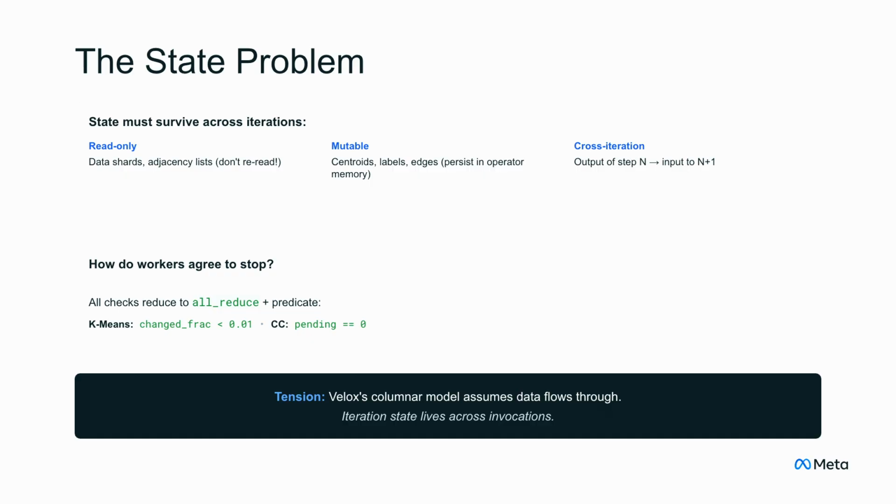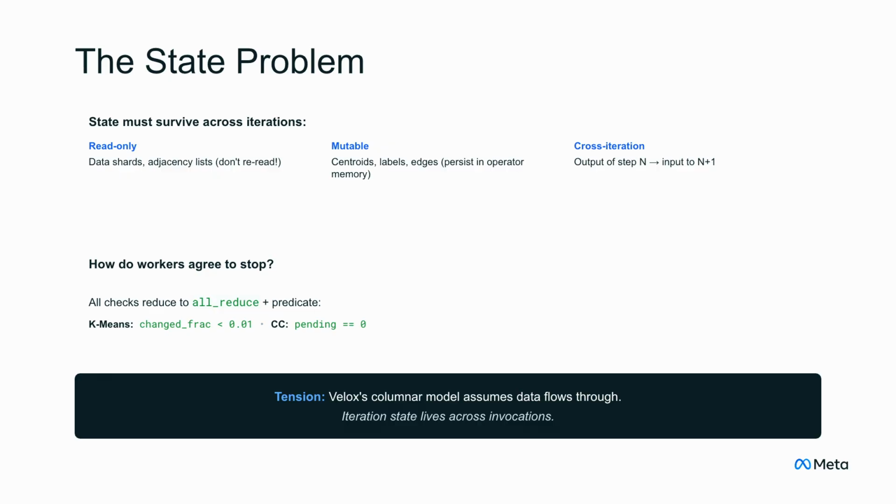Some of the data is read-only, but needs to be kept in memory across iterations. Other data changes every iteration, but we still need to keep it, most likely the state data. And there's another kind of data, which can be the output of your last round and be used as the input for the next round.